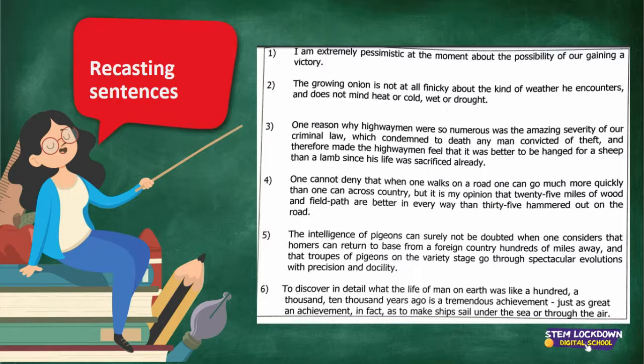One cannot deny that when one walks on a road, one can go much more quickly than one can across country. But it is my opinion that 25 miles of wood and field path are better in every way than 35 hammered out on the road. So here we are talking about 2 views.